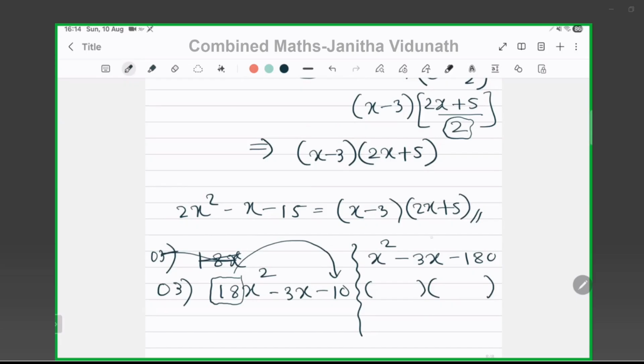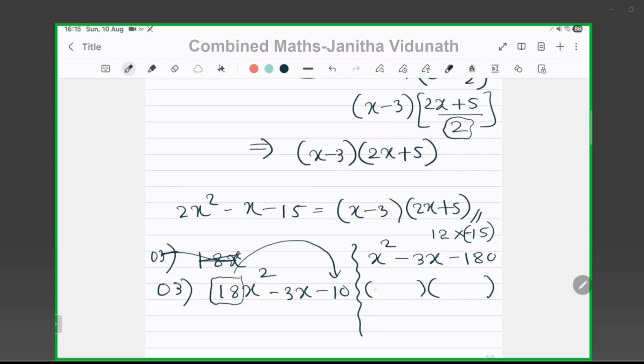Here we get 180 as 12 times 15. Then we need minus 180 and minus 3. Then we can get it by multiplying minus 15 with plus 12. Then we get minus 15 times 12 as minus 180, and by adding those two terms, we get minus 3x.